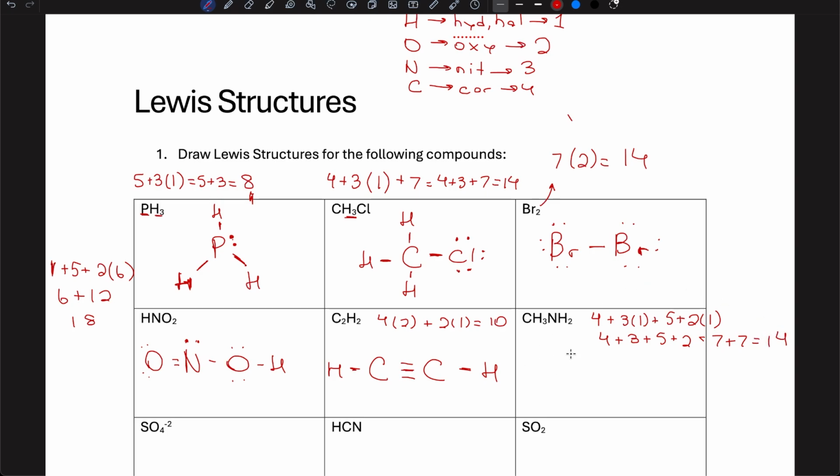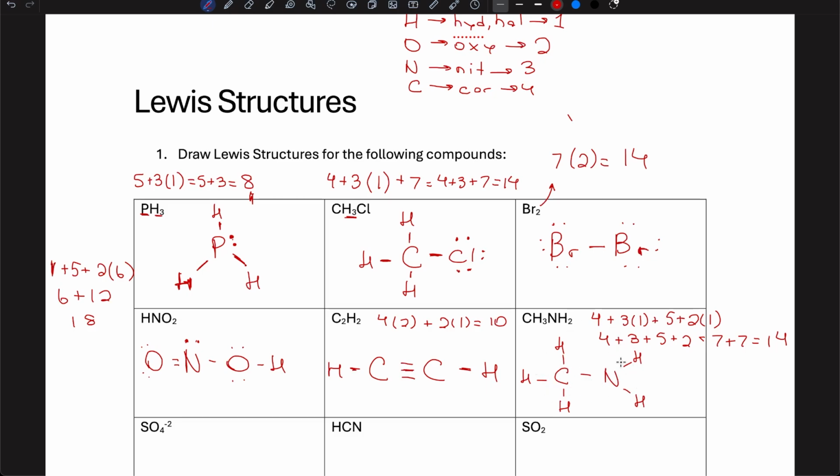Then once again, let's try to form a structure that really makes sense. This is yet another pattern. Let's not put a bond there yet. Another pattern that you tend to see: carbon really likes to be surrounded by hydrogens and then connected to other stuff. And so by doing this, we end up giving everything the amount of bonds that it wants. Each hydrogen only has 1 bond, the carbon over here has 4 bonds, and the nitrogen has 3 bonds.